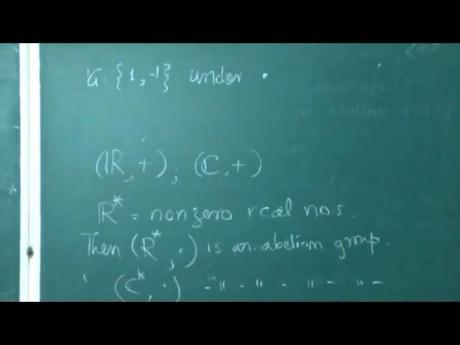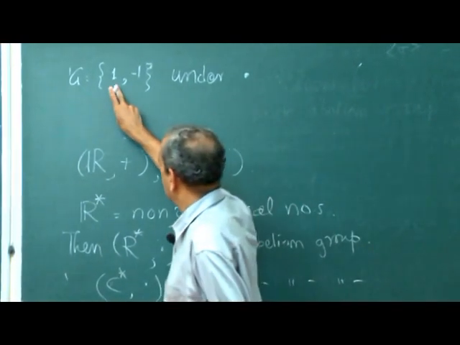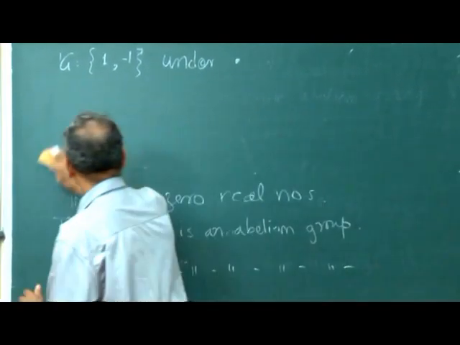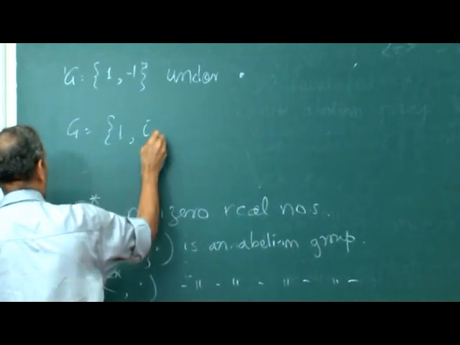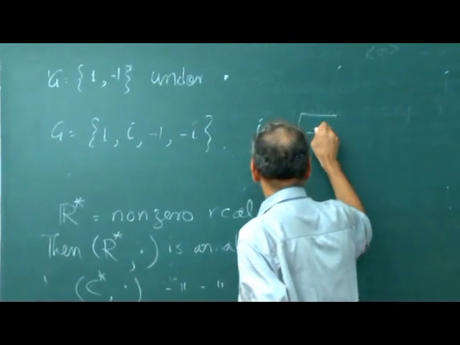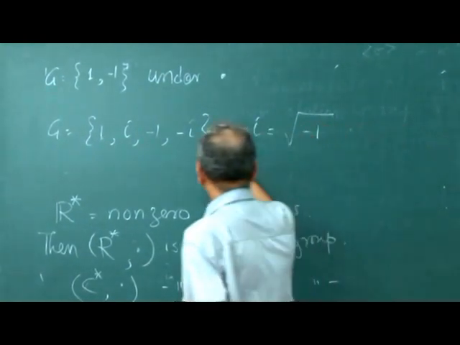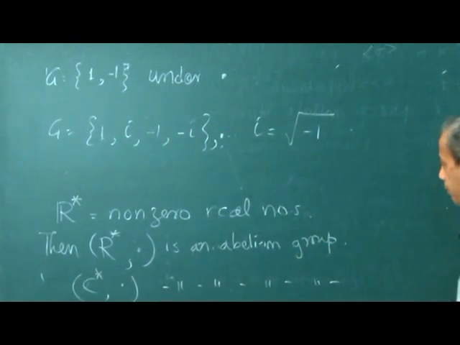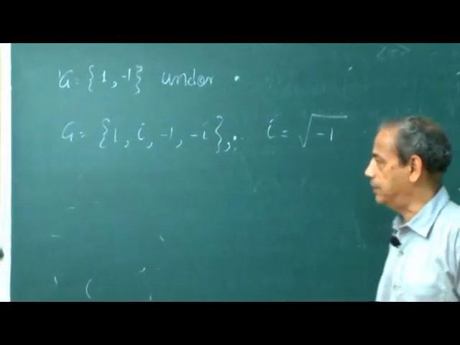So, this is a group under multiplication. If you consider another group, {1, i, minus 1, minus i}, where i is the square root of minus 1, then under product this is also a group, and this group is finite, it is abelian and contains 4 elements.